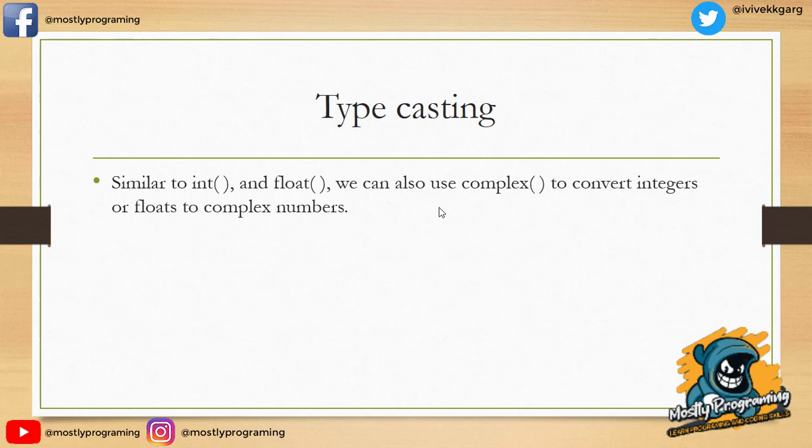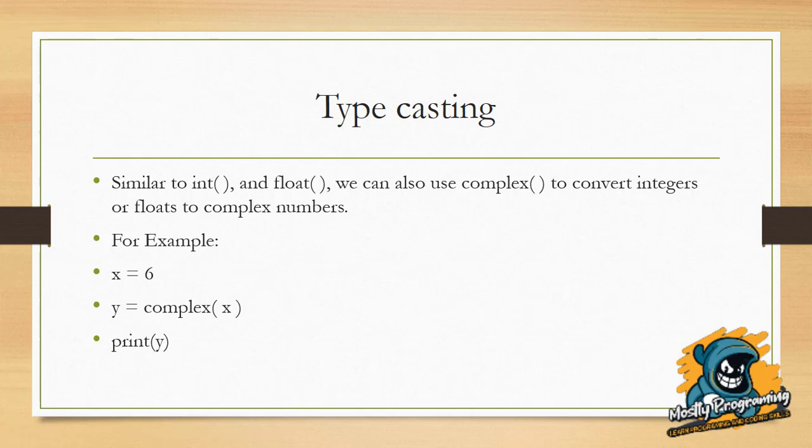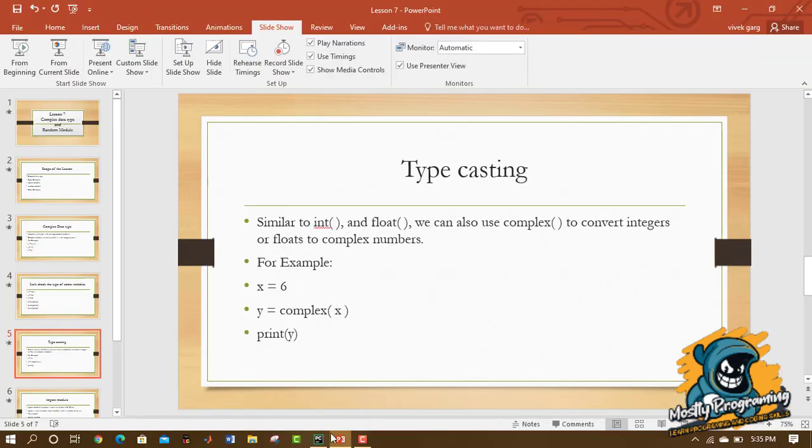We can also use the complex function to convert integers or floats to complex numbers. Let's see an example. Suppose I have a variable x is equal to 6 and I write y is equal to complex(x). Then this complex function will now convert the variable x to a complex number. Let's see on the PyCharm.